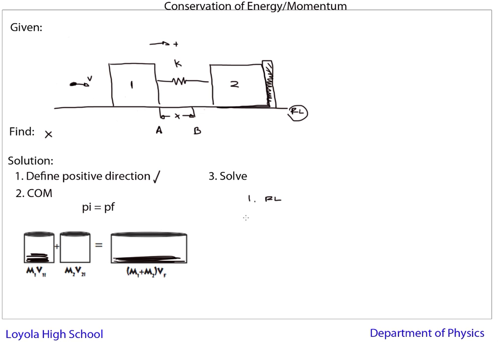Step 2, I'm going to make a statement of energy. Energy at point A equals energy at point B, conservation of energy. And you should clearly make that statement when you're doing these problems so that the person grading your AP exam can see what points you're defining as the beginning and ending point. So here are my buckets.